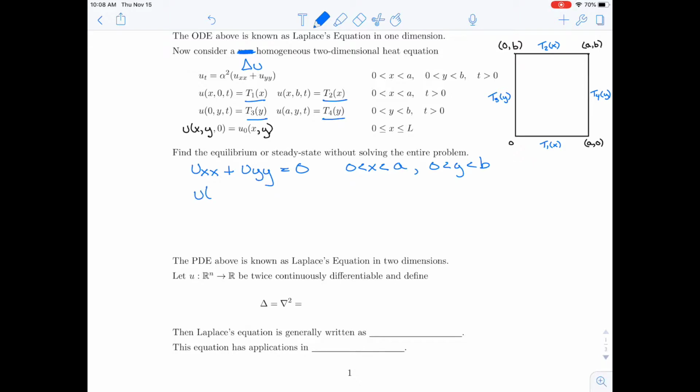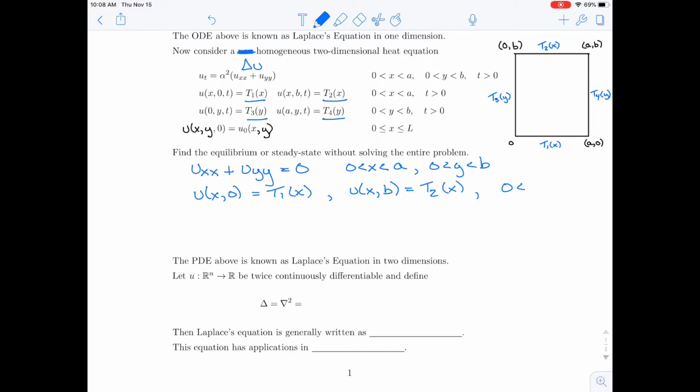We will still have that u of x, 0 will be some function T1 of x, and u of x, b will have to be some function T2 of x on the top of that plate.